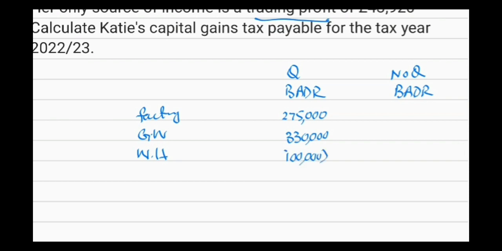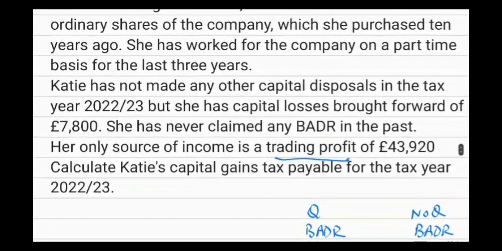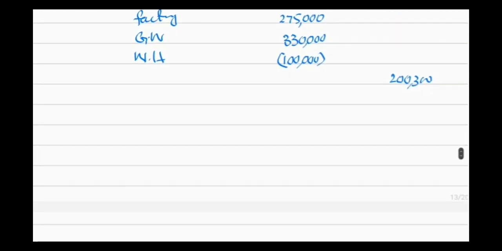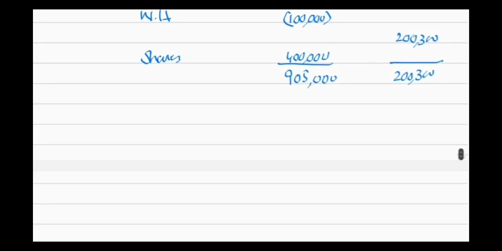The investment property does not qualify for the BADR relief, so it should be recorded in the next column. Also she has a gain on shares, and the shares gain also qualifies for the BADR relief. So the total of this is 275, 330, minus 100, plus 4,00,000, that is 9,05,000, and 2,300,000.